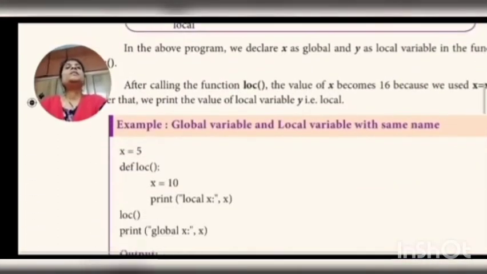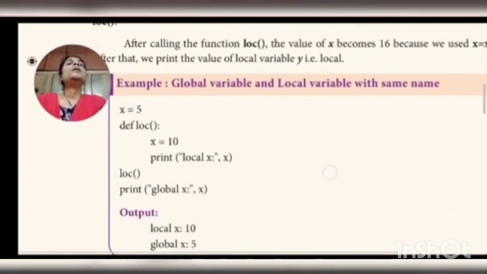Next we have another example, of a global variable and a local variable having the same name. Here we can see that x is a global variable and we have another, local variable with the same name x. In this example, x equal to 5, def loc. loc is the name of the function.